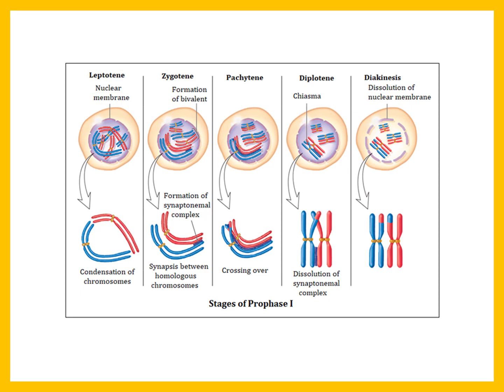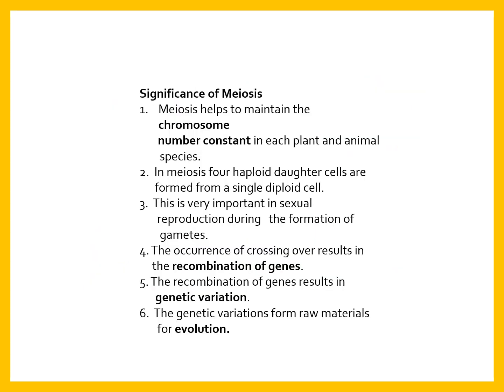Then with the dissolution in diakinesis, the nuclear membrane and nucleolus disappear. That is how prophase 1 gets over. Then in the metaphase stage, chromosomes are arranged at the equatorial plane, and in anaphase 1, by the contraction of the spindle fibers, the chromosomes move apart to the opposite poles.